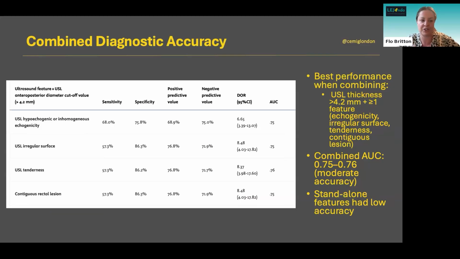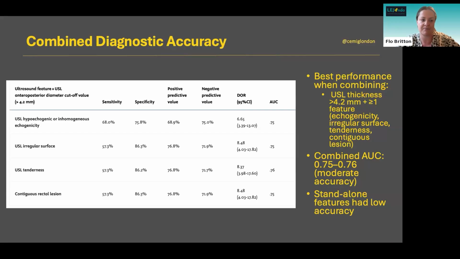So as I showed, with just the thickness of the USL being measured at 4.2 millimeters or greater, the area under the curve was just 0.72. So then what the authors did was look to see whether combining other ultrasonographic features could improve the accuracy of the diagnosis.